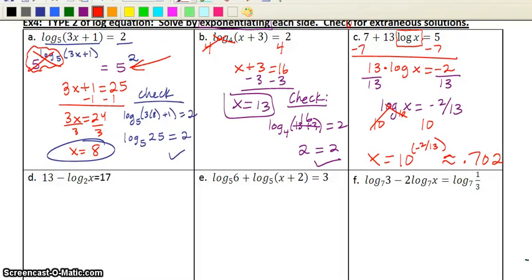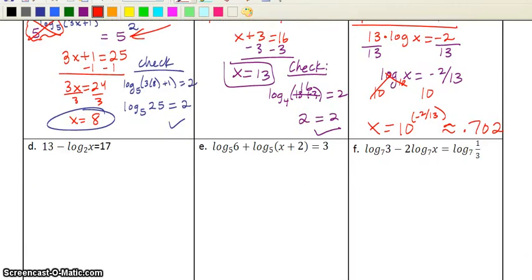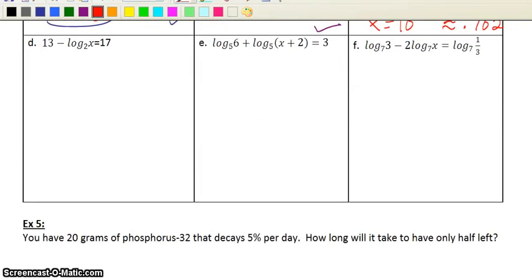All right, let's move on to D. Again, I'm going to try to get my log statement by itself, so I subtract 13 from both sides. And in this situation, I also want to get rid of the negative before I do anything here. So to get rid of that negative, I'm going to divide both sides by -1.